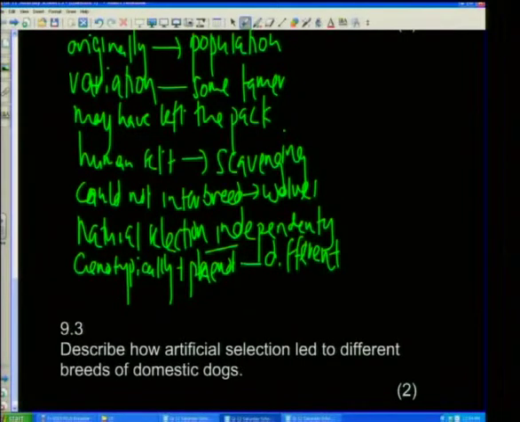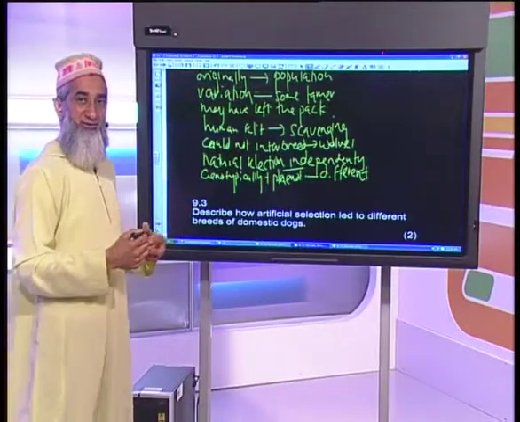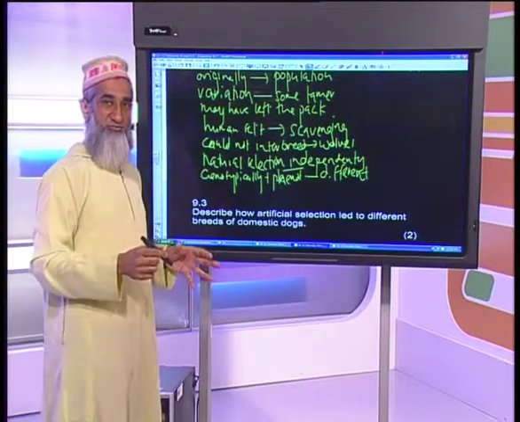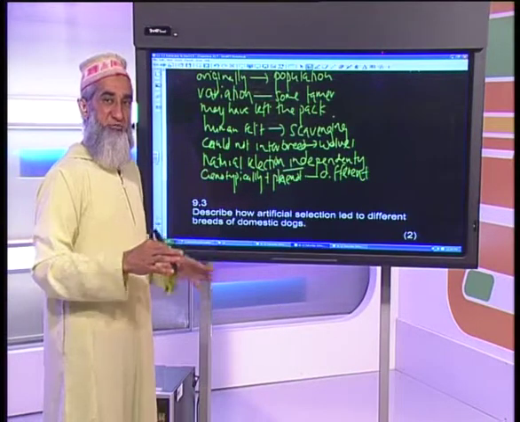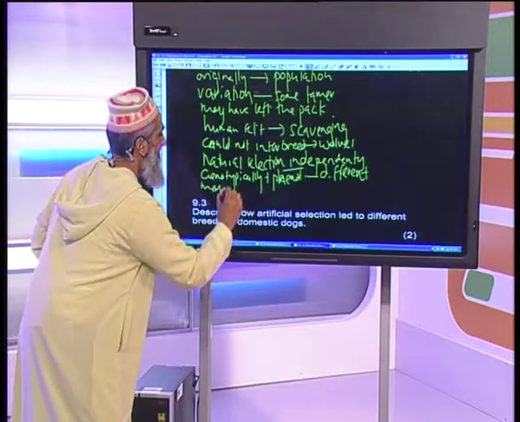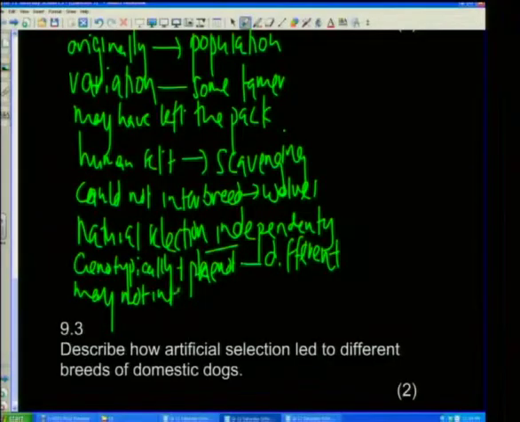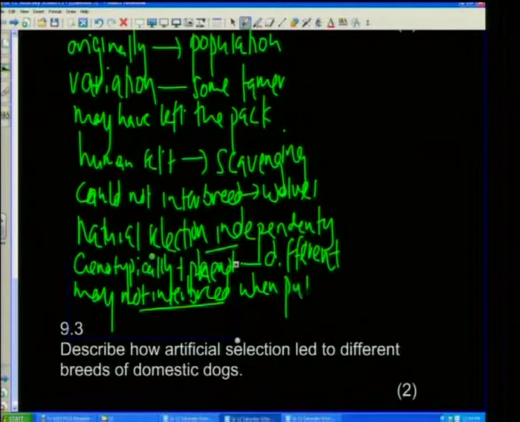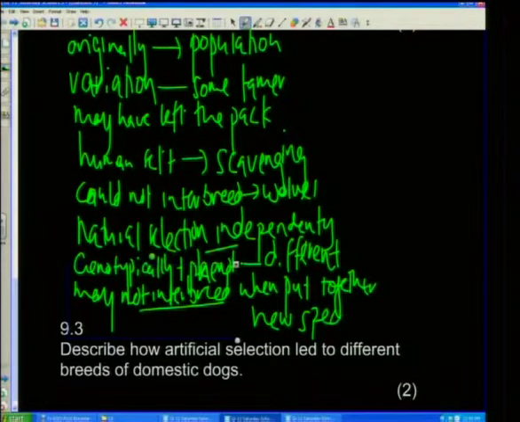Now, if we put the wolves and the dogs together, even though they're not separated anymore, we've taken away the separation, we put them together. Now they may not interbreed when put together because they are new species.